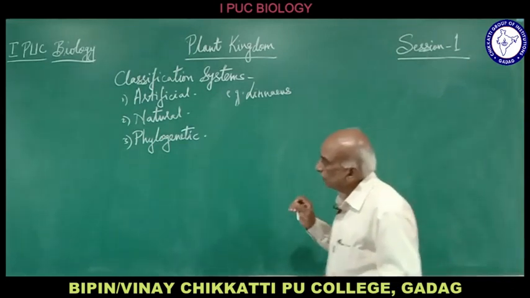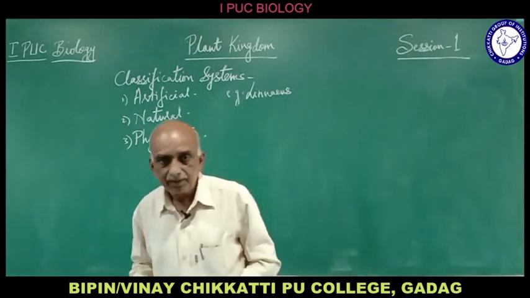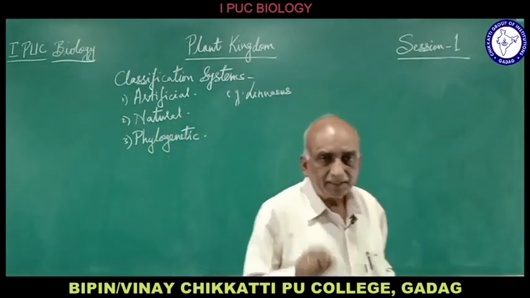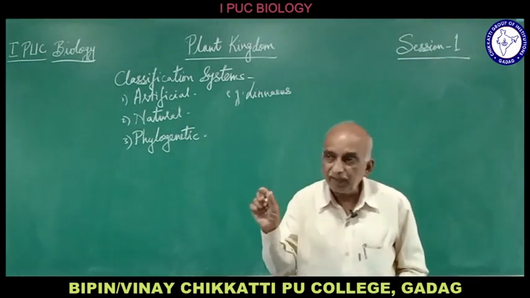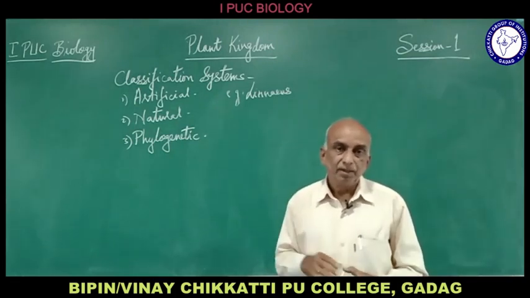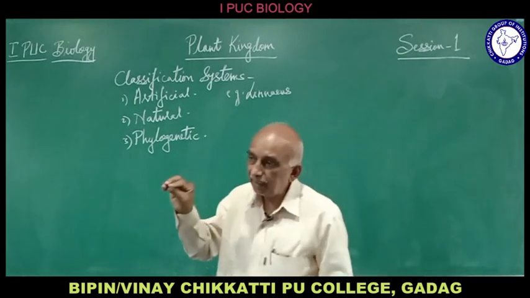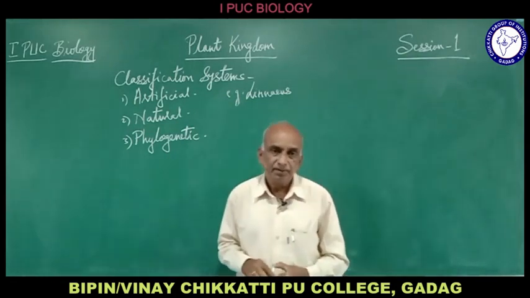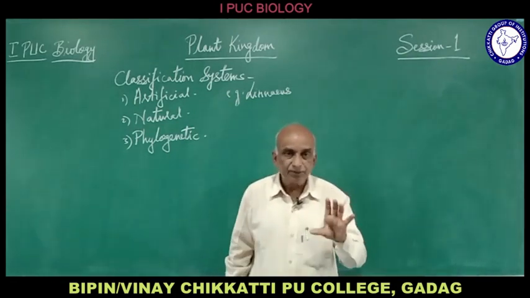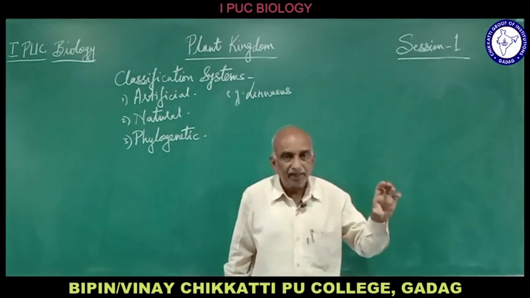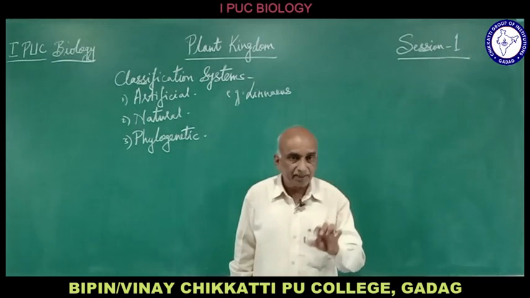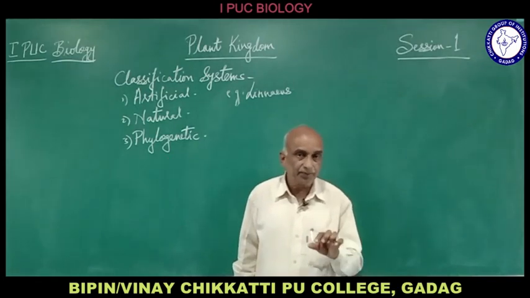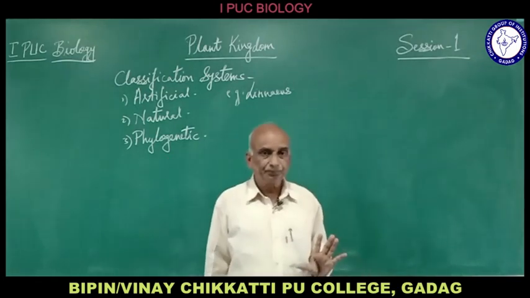Next, considering a natural system. When we consider organisms based on their natural affinities, considering the external and internal features. See here, in the case of artificial, only a single character was taken into consideration, like herbs, shrubs and trees, which were classified on the basis of the stem character.